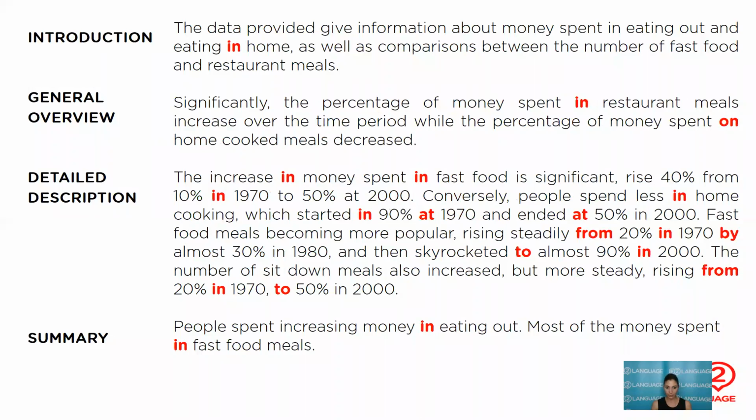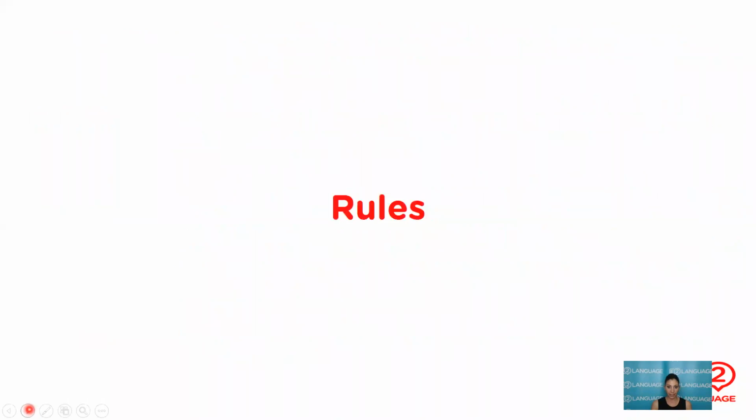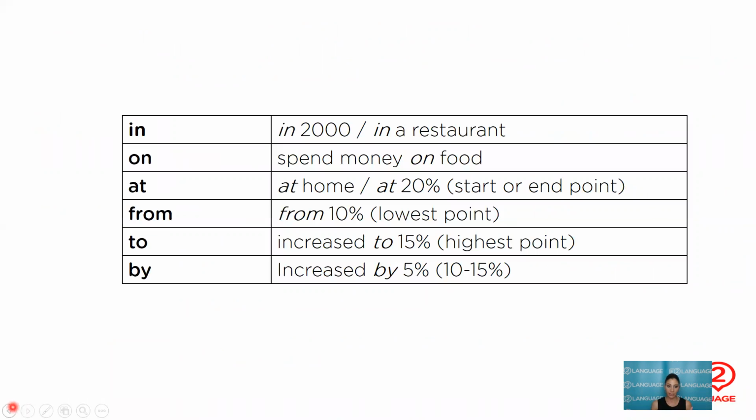Okay, let's have a look. So we have in, on, at, from, by, to, so quite a few there. Okay, I'm going to go through the rules for prepositions, but these rules are not in relation to everything to do with prepositions.